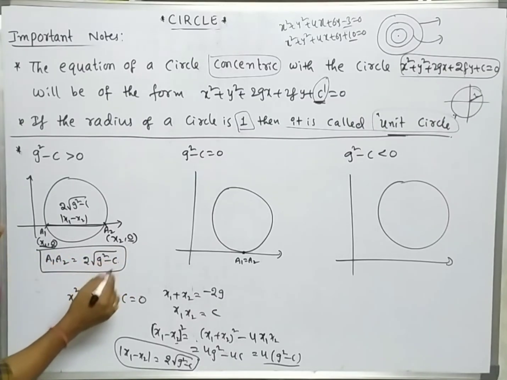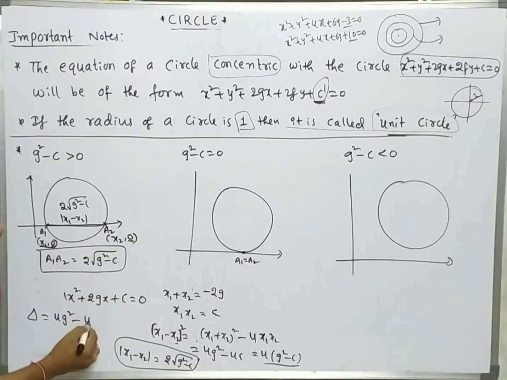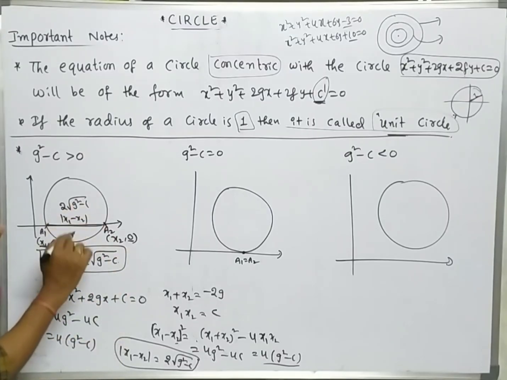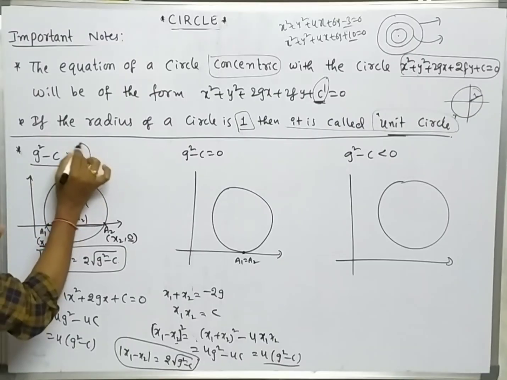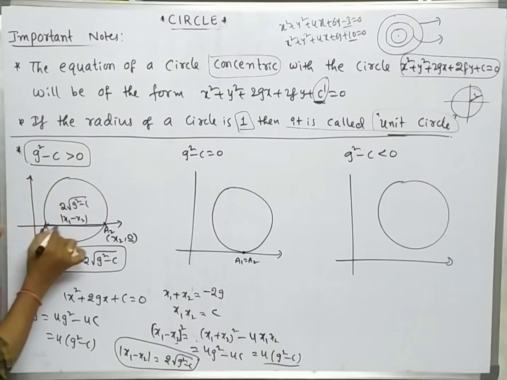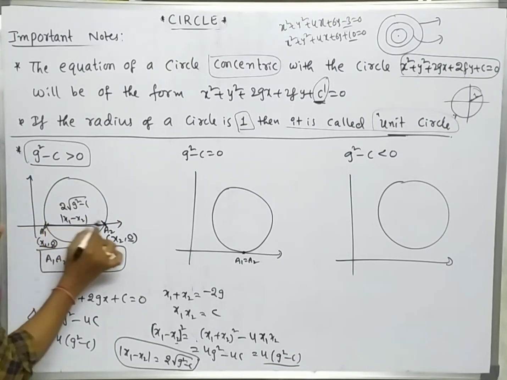Now what is the discriminant? The discriminant is b square minus 4ac, that is 4g square minus 4 into 1 into c, so 4 into g square minus c. If g square minus c is greater than 0, then we have two roots, which means the circle intersects the x-axis at 2 points.